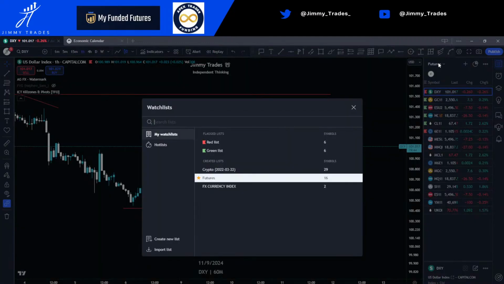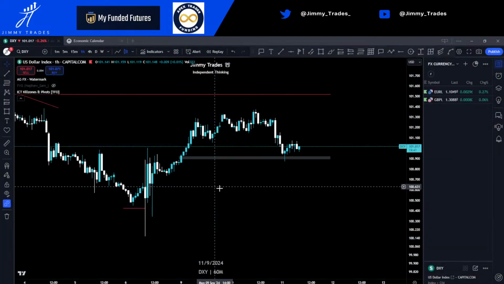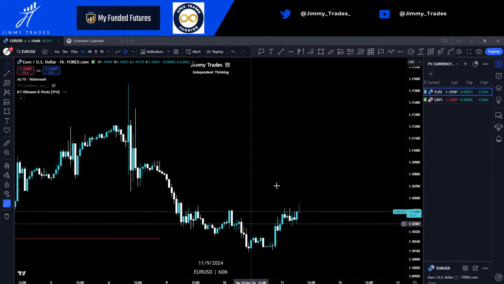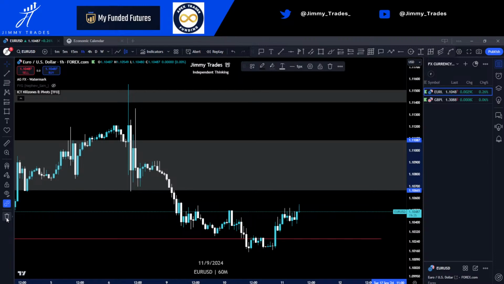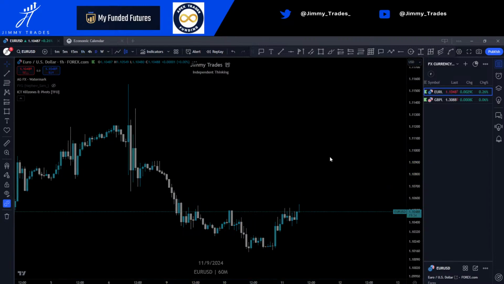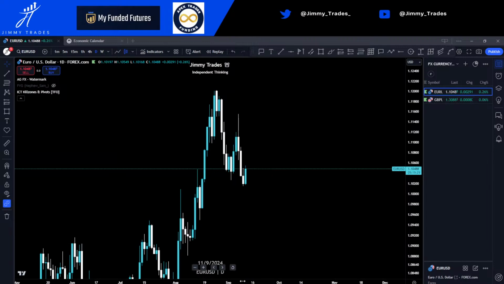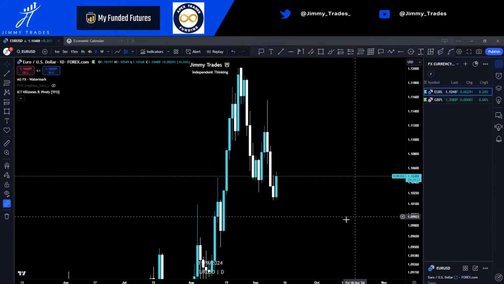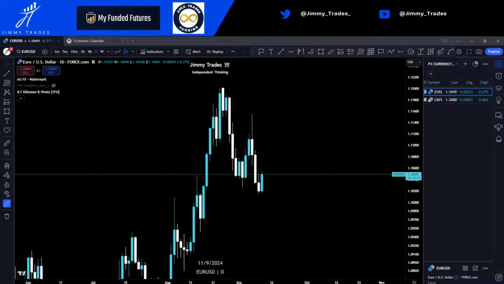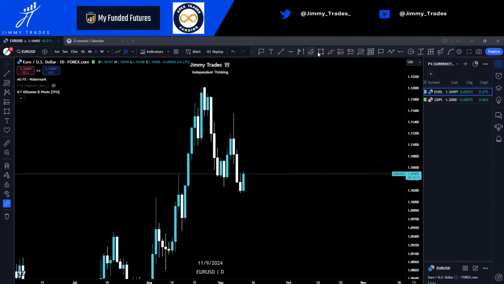Okay, let's jump over to Forex quickly. I was just looking at 6E when I was doing my analysis, but I noticed that there is a small difference between the two charts. They're not quite the same.